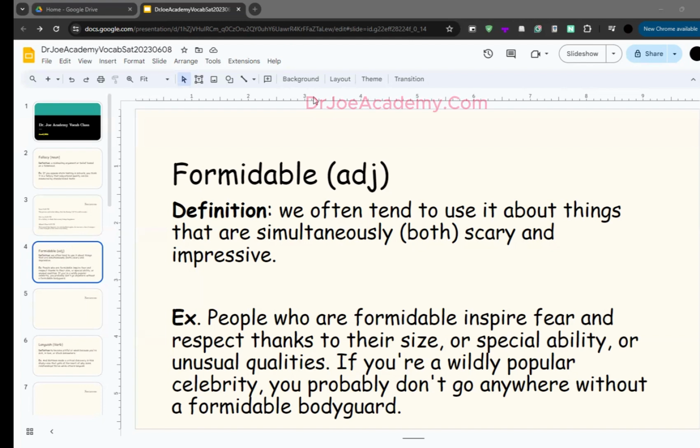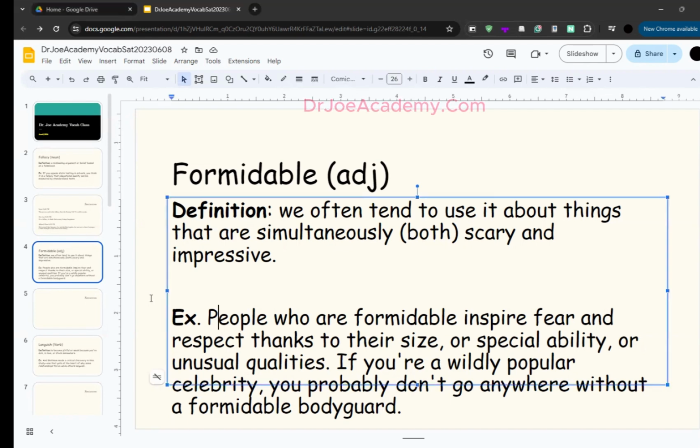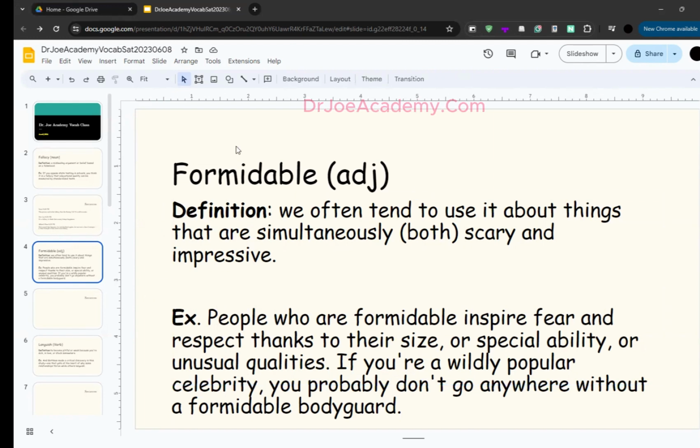We often tend to use it about things that are simultaneously both scary and impressive. Do you want to read the example as well, Lucas? Oh, yeah. People who are formidable inspire fear and respect thanks to their size, or special ability, or unusual qualities.